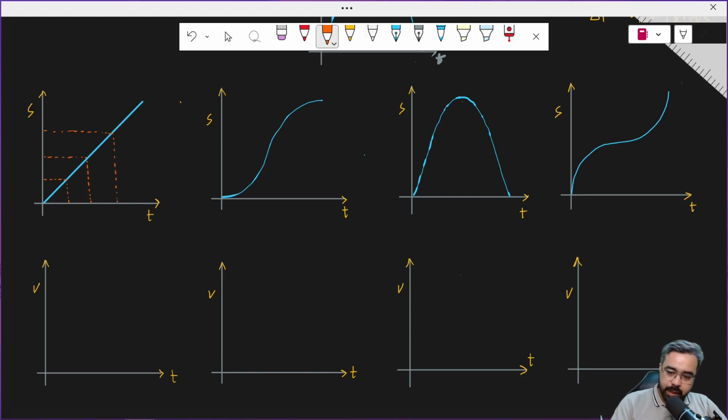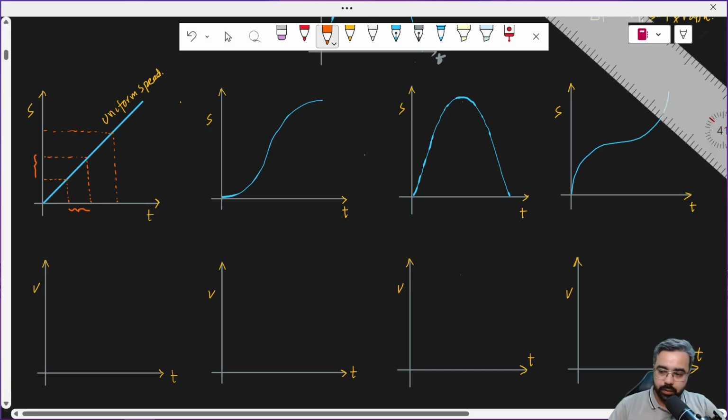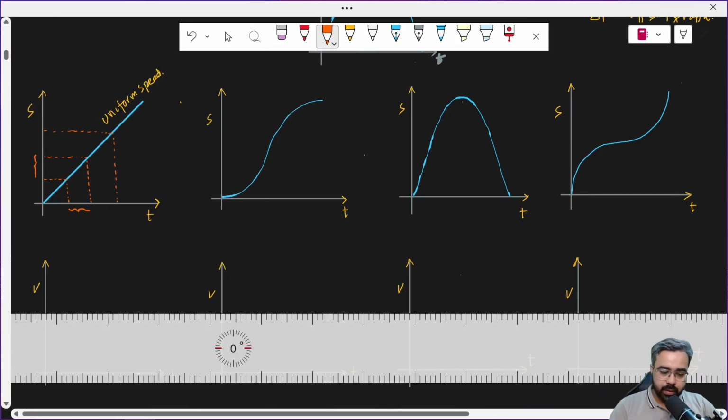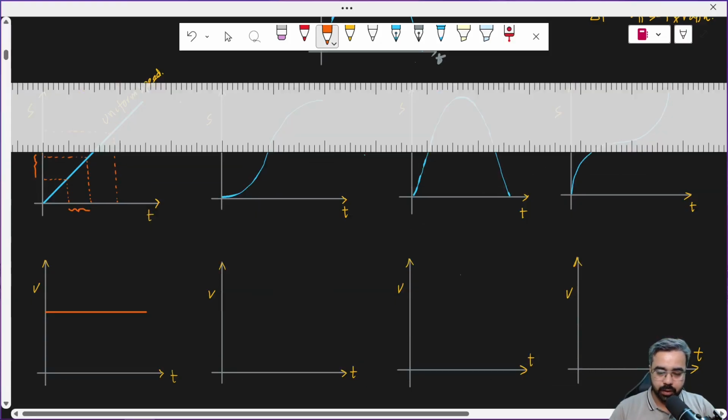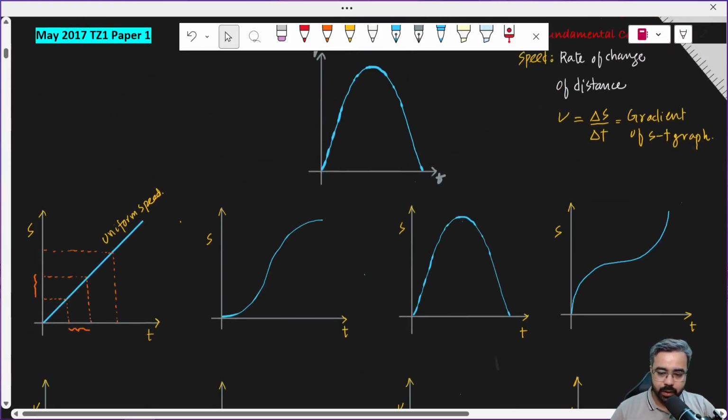It means this quantity is changing equally with respect to this quantity. So this is obviously the graph of uniform speed, which means the object is moving with a constant speed. If I draw its speed graph, it would be a horizontal line. So it is obviously not giving us that curved graph.